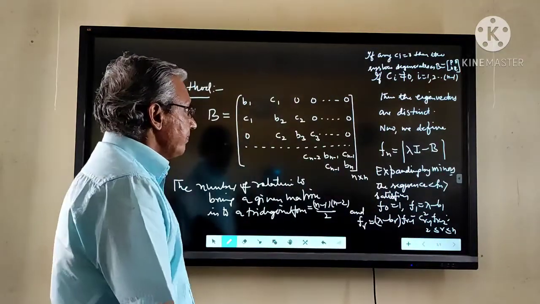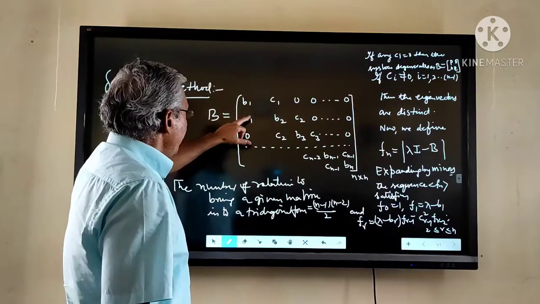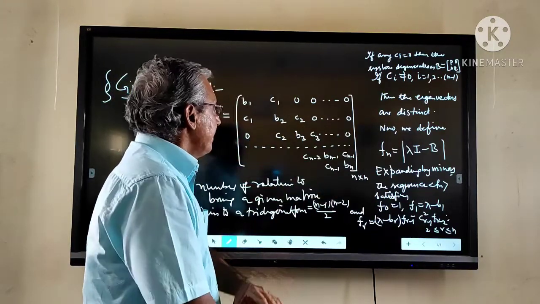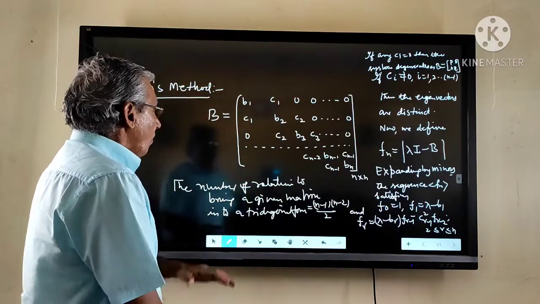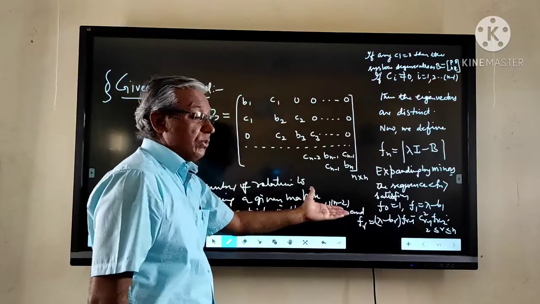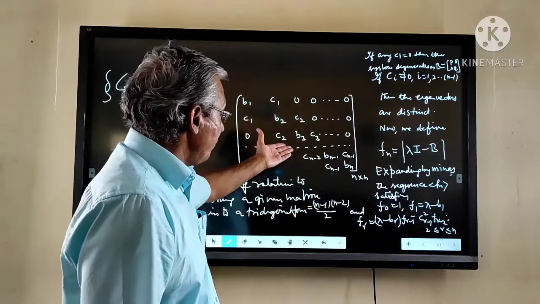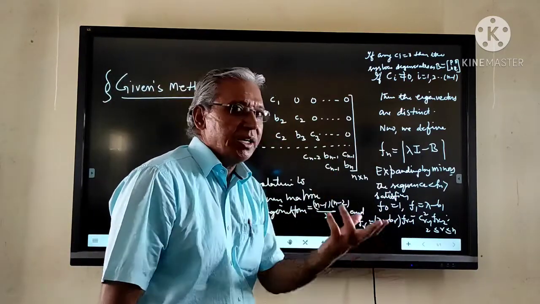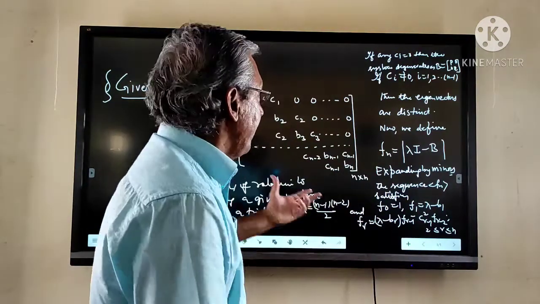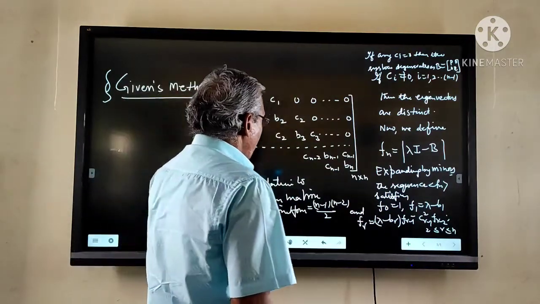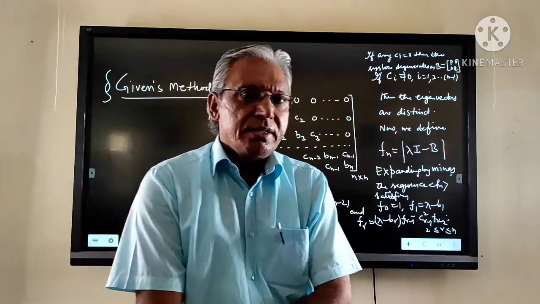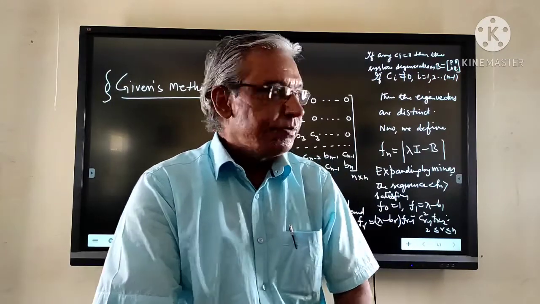If C1, C2, C3 and so on Cn are all not equal to 0, then we can say the eigenvalues of the required matrix are distinct.